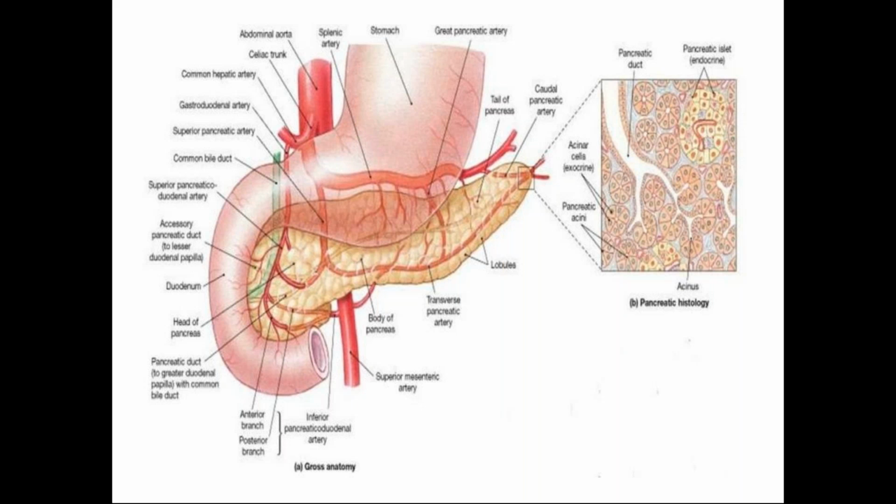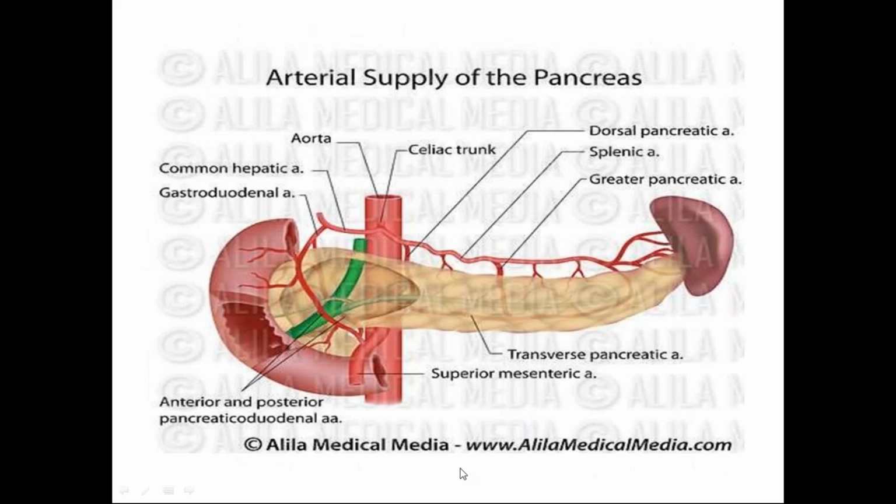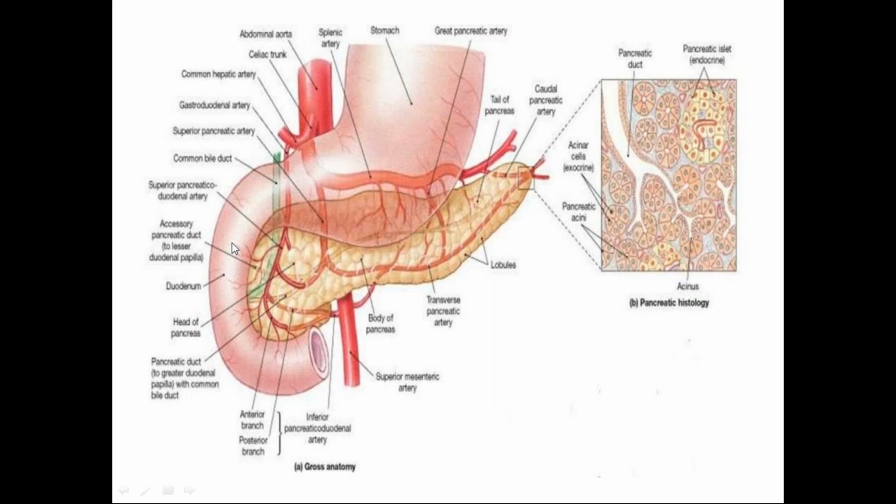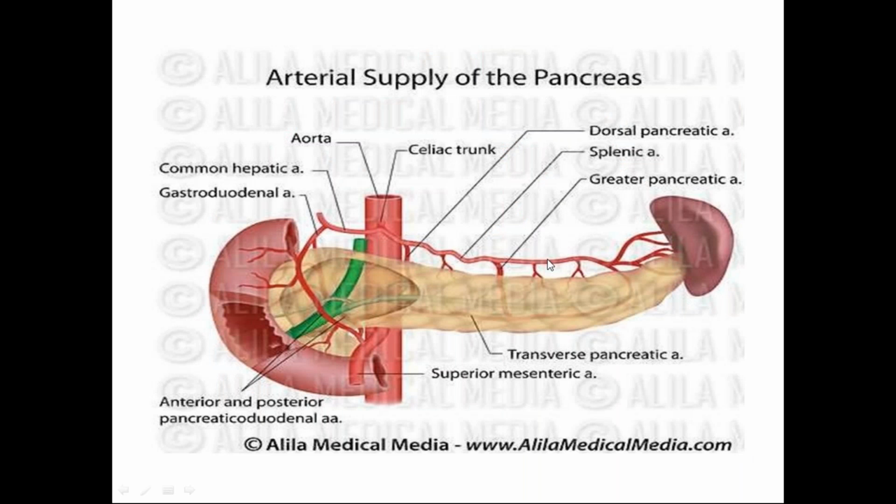Coming to the exocrine portion, it helps in the release of many enzymes, which help in digestion of fat. These enzymes are released into the small intestine, which helps in the digestion of various components of the diet.